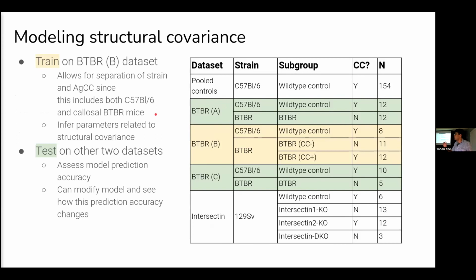And so then using that, we can infer parameters for each of our terms related to structural covariance and related to the effect of agenesis of the corpus callosum interacting with covariance. The other two data sets allow us to test our model and assess the prediction accuracy and how important the predictors are. So we can take out predictors and see how well the model does.